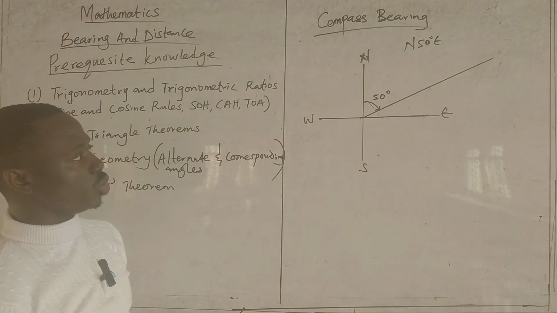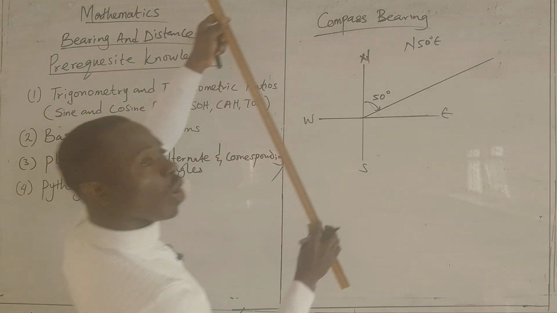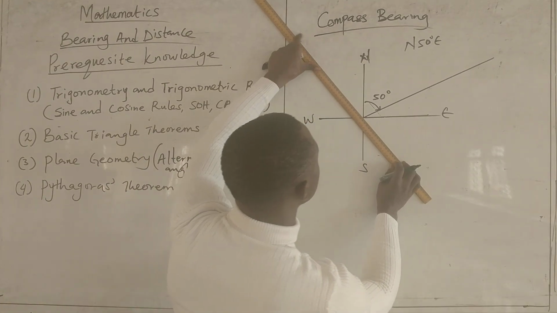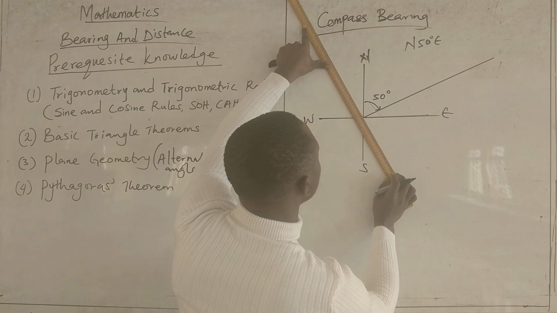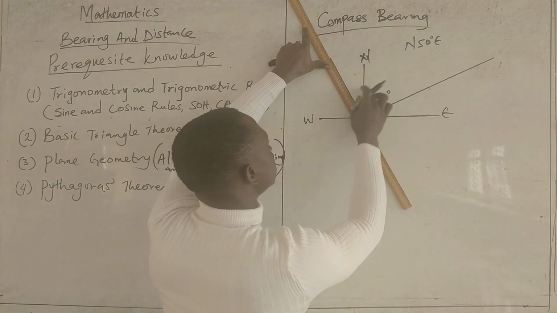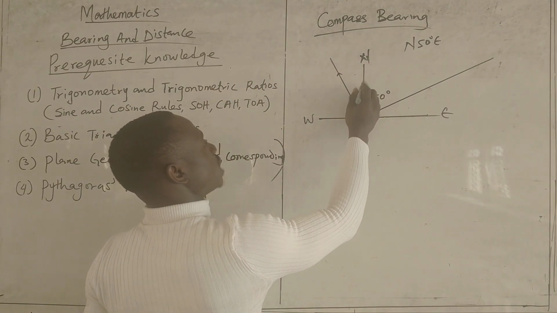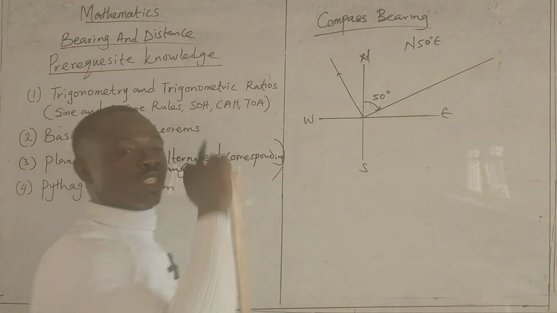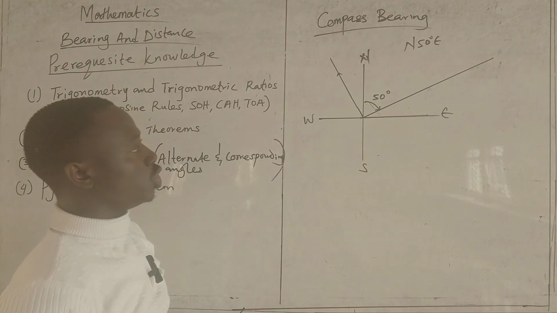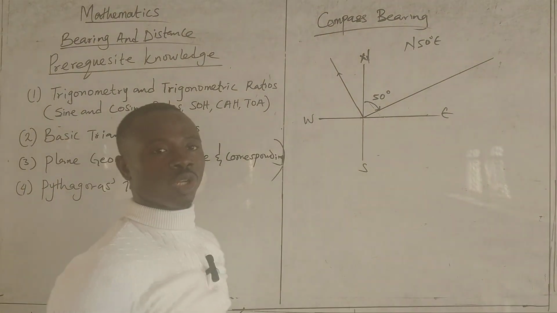What if they say you should draw 30 degrees northwest or west of north? So 30 degrees should be less than half of the angle 90 degrees. Half of 90 degrees is going to be 45. So 30 degrees northwest or west of north. So you draw the line in between north and what? And west. In between north and west.